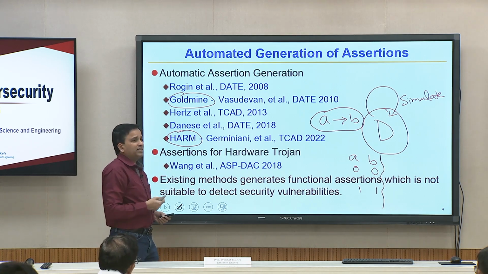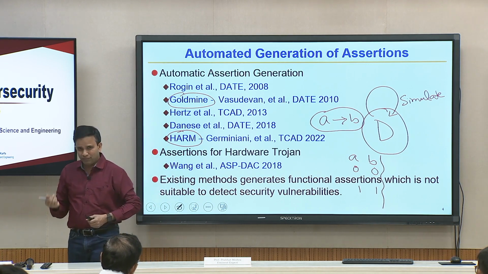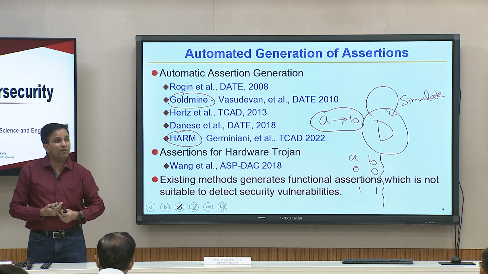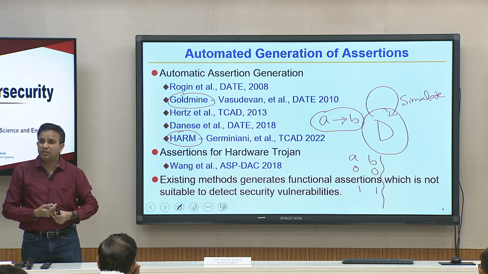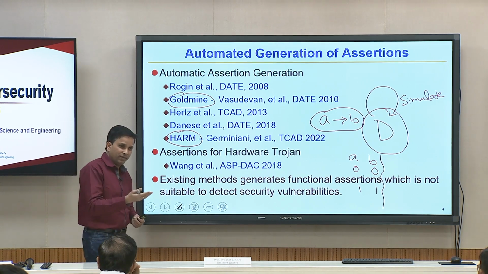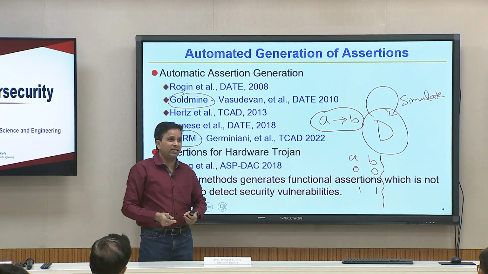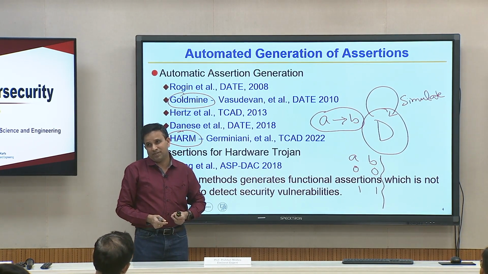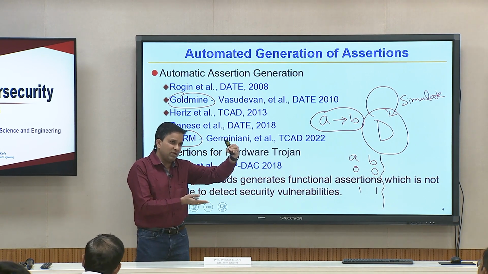But these functional assertions are not very useful for monitoring security vulnerabilities. Can you tell me why? Because functional assertions check for expected behaviors. Security vulnerabilities are exactly the inverse of that: unexpected, exceptional scenarios that people typically do not specify.